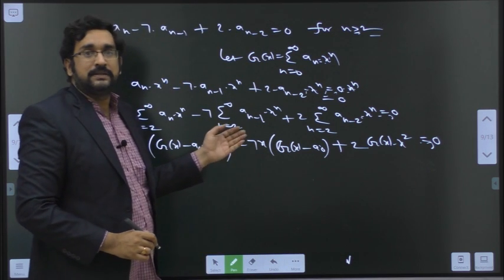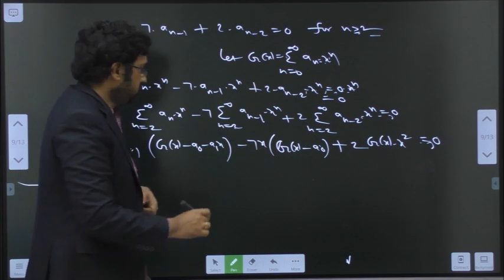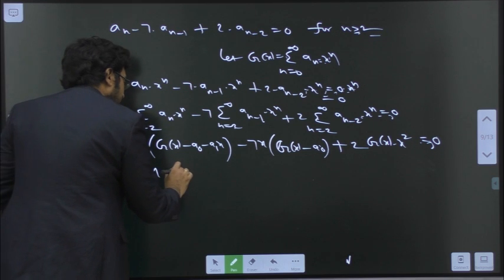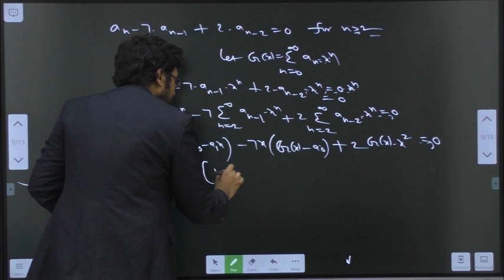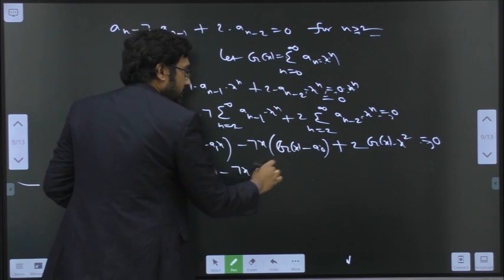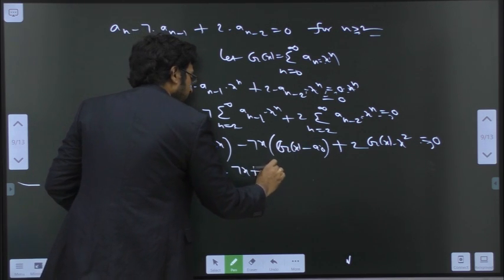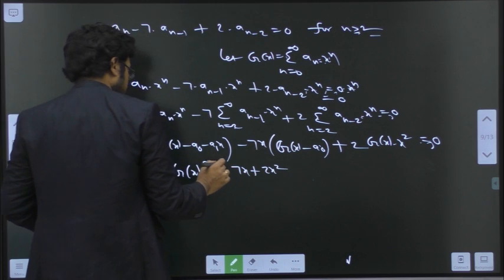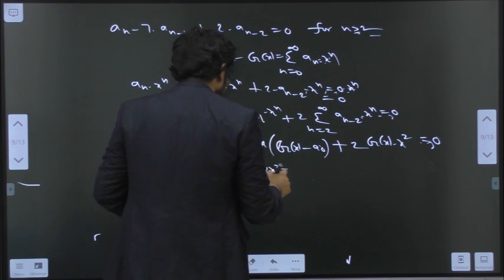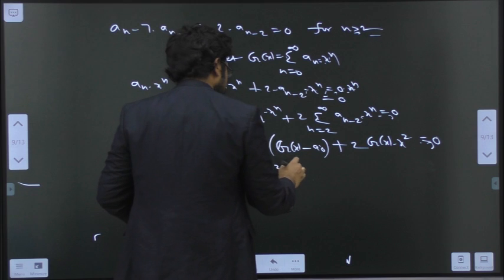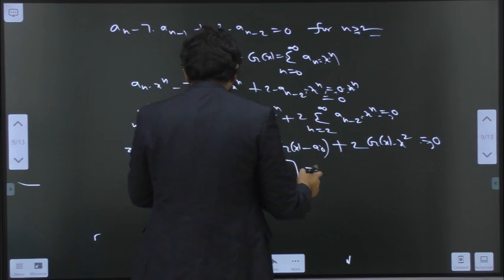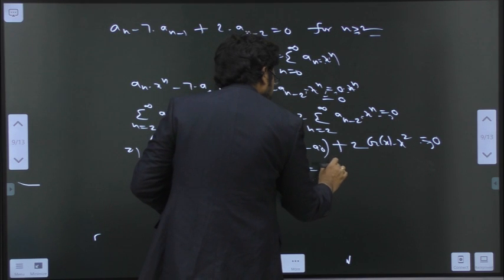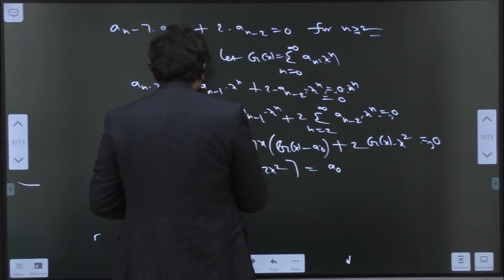Now take g of x common from the left side. So if you take g of x as common, here we will get 1 minus 7x plus 2x square. Take the remaining terms outside. A naught minus a naught, if you go right side, it will become plus a naught, minus a1x.